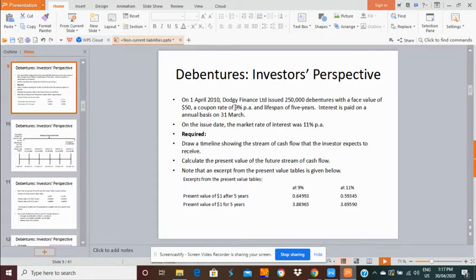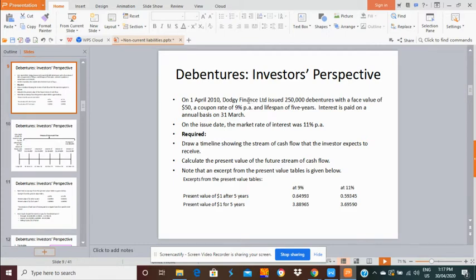So therefore, it looks reasonable for him not to buy these bonds and do something else with his money and buy, for example, shares or put money in the bank account. Right. But still, what if he decides to buy these Dodgy Finance bonds?